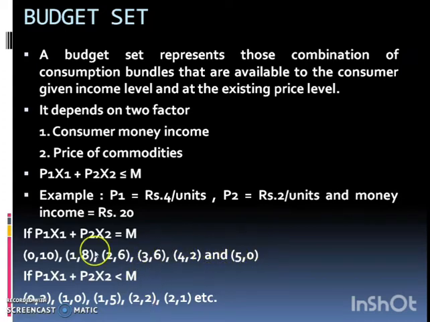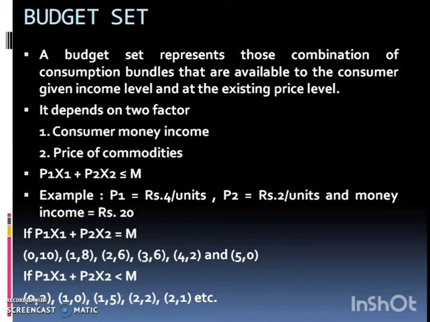In the second situation, if expenditure on good 1 plus expenditure on good 2 is less than M, that is, less than the money income of the consumer, he can choose bundles like 0, 2; 1, 0; 1, 5; 2, 2; 2, 1; etc. In all these bundles, his expenditure on good 1 and good 2 is less than the money income of the consumer.